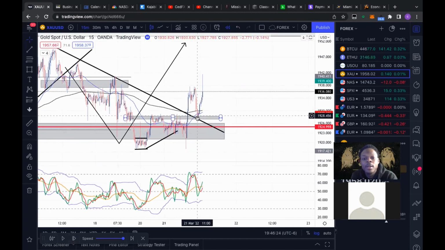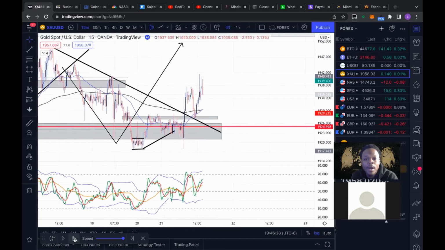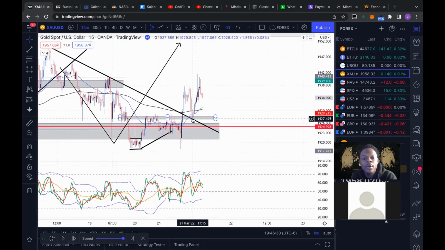And then boom, it comes back and retests the trend, and then it buys up. But what also made this very strong was it retested not only the trend, but also our resistance that has now become a support. It retested the previous high that it just broke, and it bought up some more.